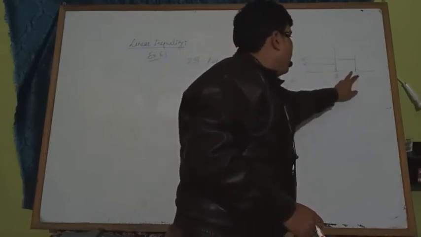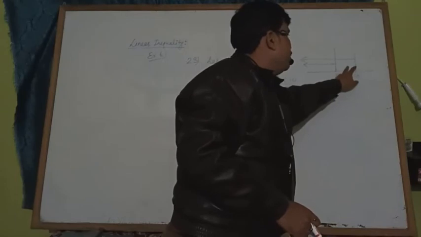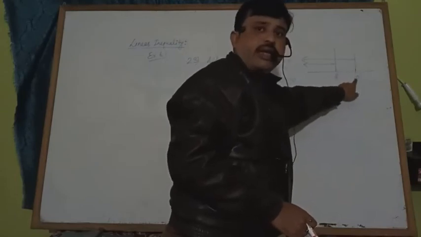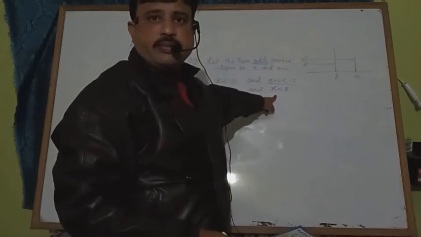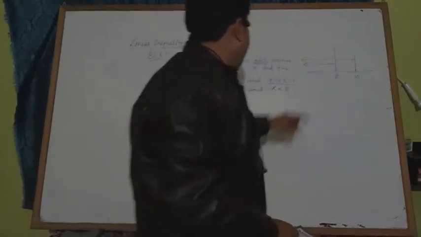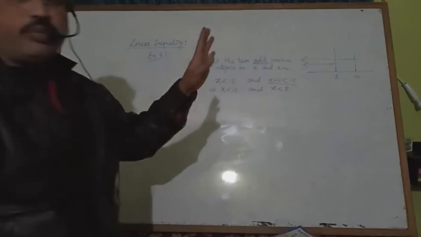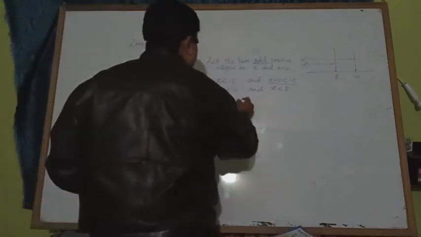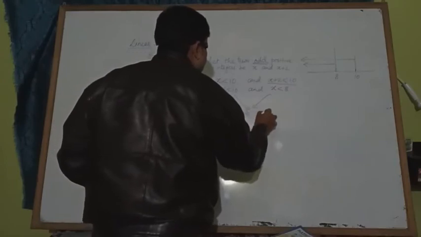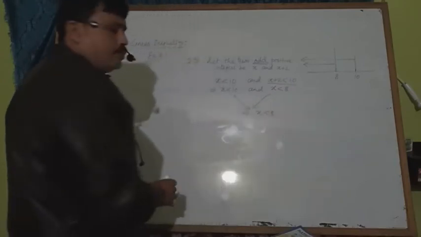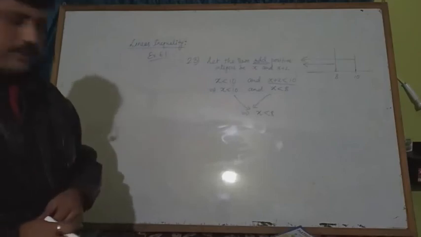If I take any number between 8 and 10, then it satisfies x less than 10, but it does not satisfy the second condition, x less than 8. But if I take x less than 8, then it satisfies both conditions. So from here I will get a common answer, x less than 8. This is one of the answers.